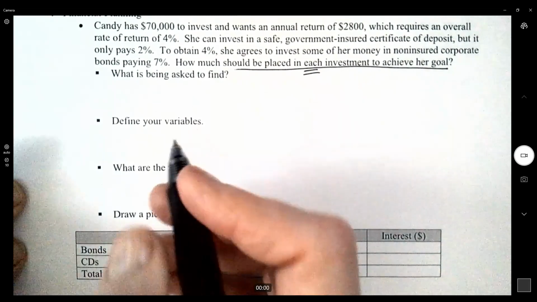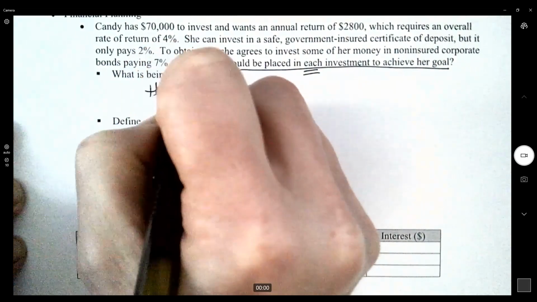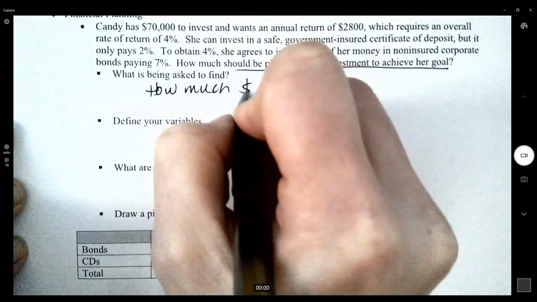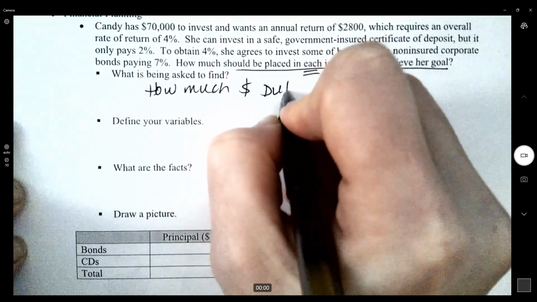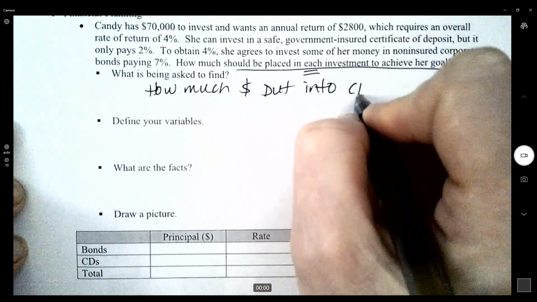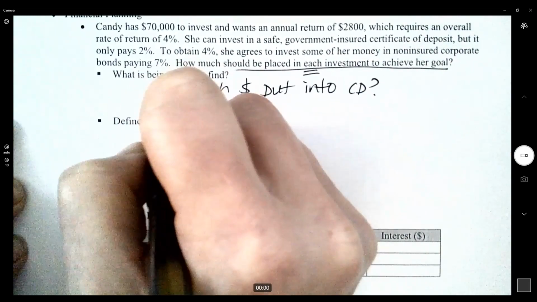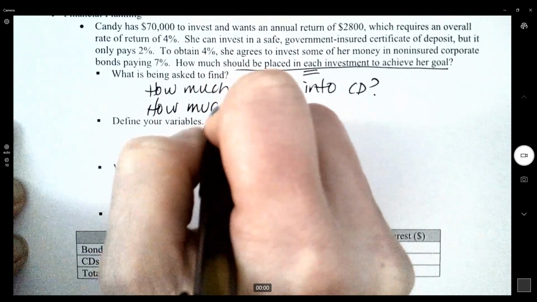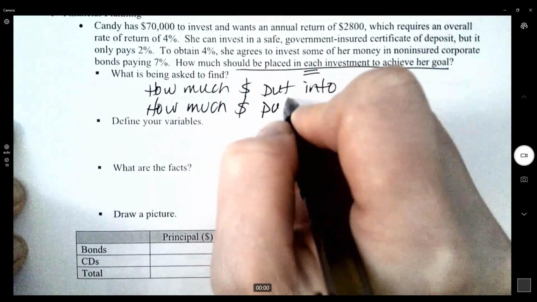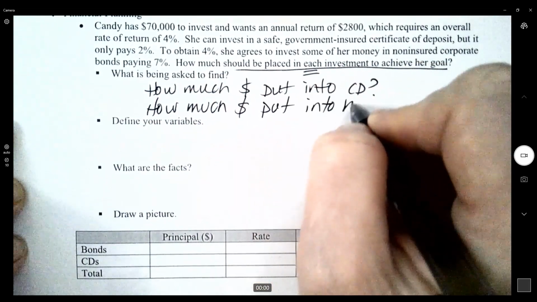So each investment, we're looking for how much money should we put into the CD, and then how much money should we put into the bonds.